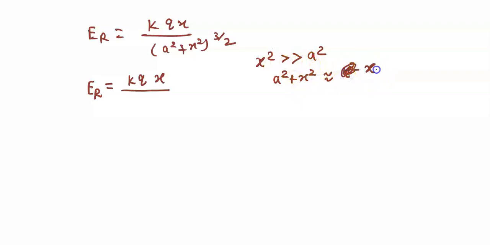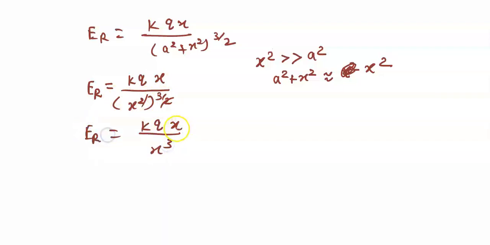So you can write the resultant electric field intensity as kqx upon x square whole power 3 by 2. The 2 will cancel, so you will get kqx upon x cube. This is E_R, or you can write E_R is equal to kq upon x square.